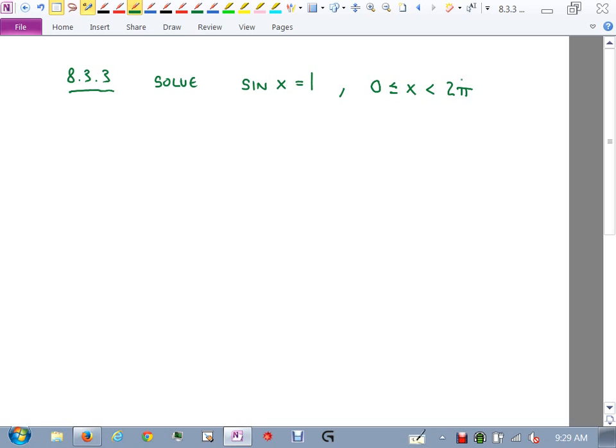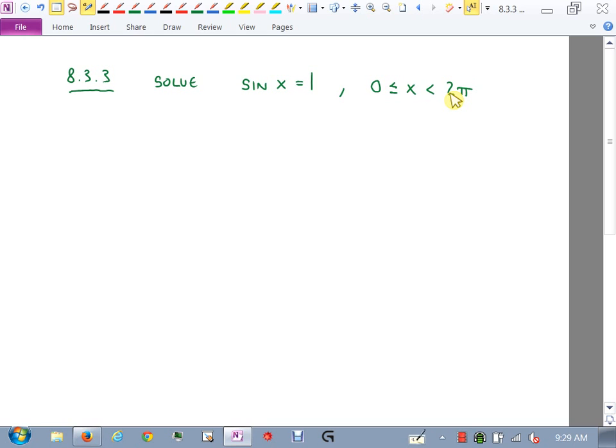So now what the problem is saying is solve this equation. However, instead of giving me the infinite number of answers, give me only the answers that are between 0 and 2 pi. That's the only place you're allowed to look.